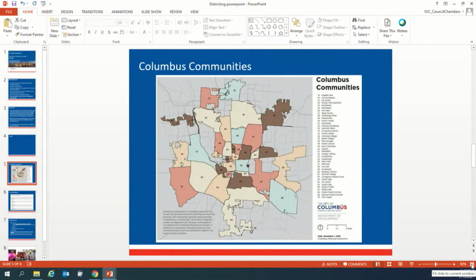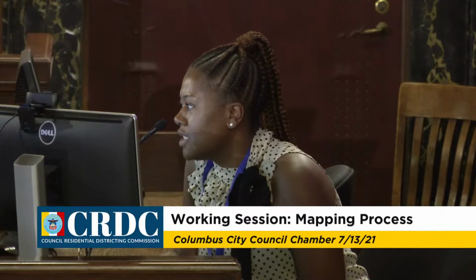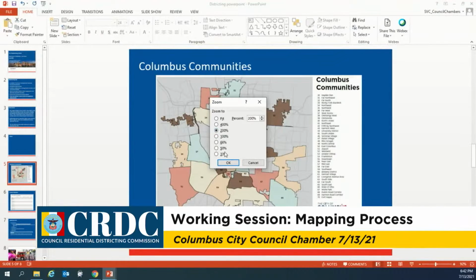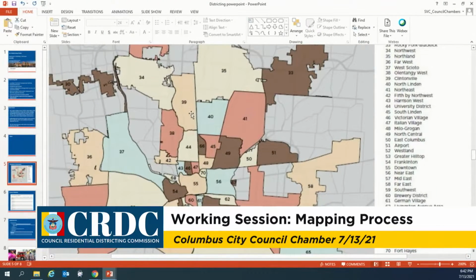Well, no, they don't start at 0, they don't start at 1. Oh, you know what, yeah, they start at different numbers. So it's not 70, it's probably like 30-ish. So that's 39, and 39 is Clintonville.